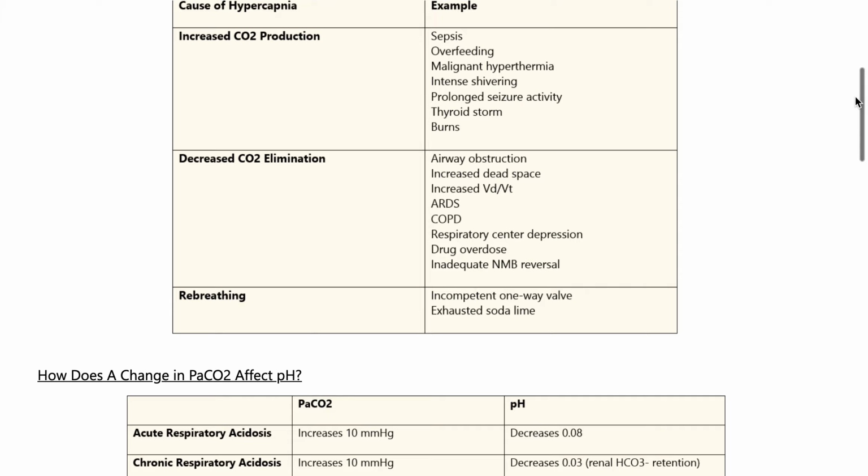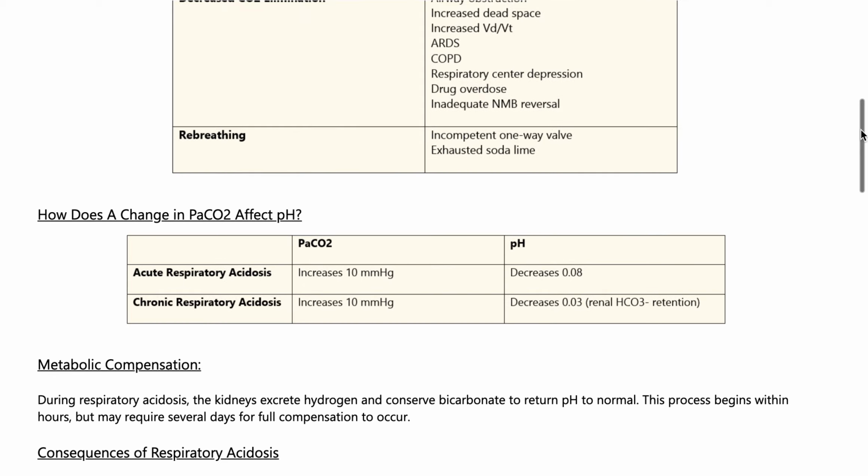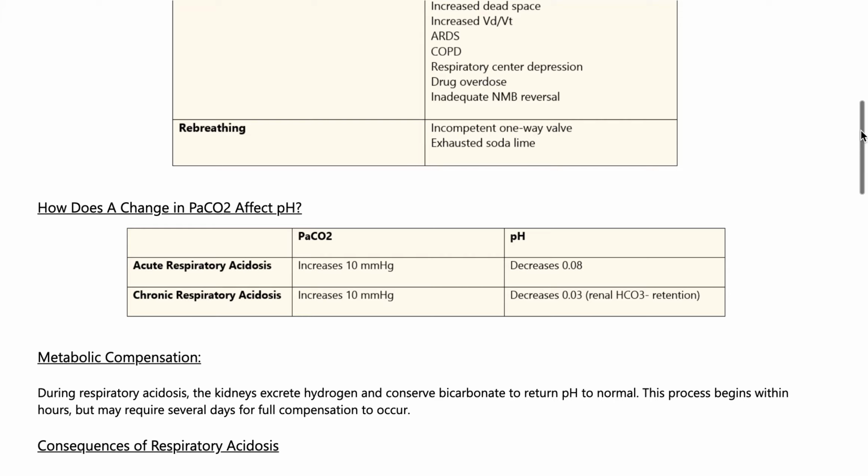So how does a change in PaCO2 affect pH? It can be acute respiratory acidosis, which results in an increase of 10 millimeters of mercury, which decreases the pH by 0.08. So again, the relationship that you need to know for acute respiratory acidosis is that an increase in 10 millimeters of mercury of PaCO2, that's arterial partial pressure of CO2, will decrease your pH by 0.08.